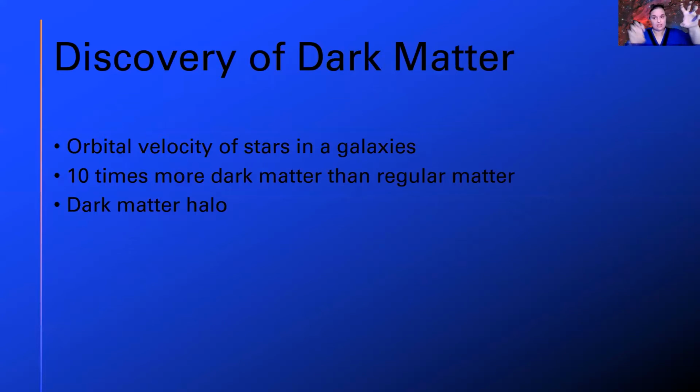Globular clusters are clusters of little stars, some of the oldest stars around our galaxy, and they orbit around our galaxy. And some of those speeds were just as fast as the stars within the center of our galaxy. So that told us that there was a lot of mass, 10 times more dark matter than regular matter within even our own galaxy and in other galaxies as well.